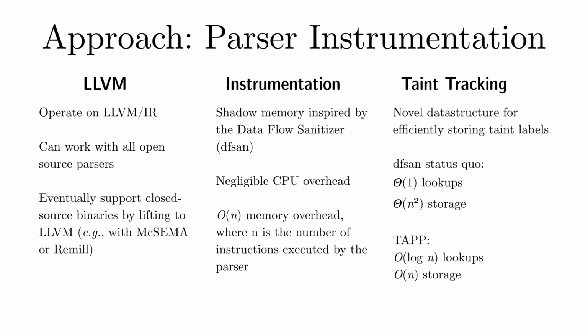Then we want to instrument the parsers statically to keep track of what bytes of input the parser is operating on and where. So this will give us insight into the types of data structures the parser is using, the control flow of the parser with respect to the semantic labeling of the file, and so on and so forth.